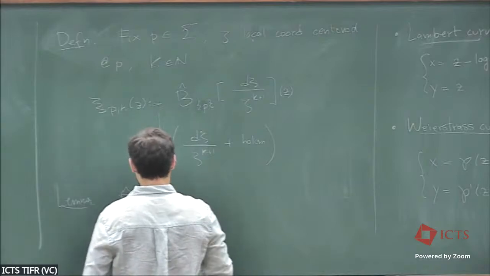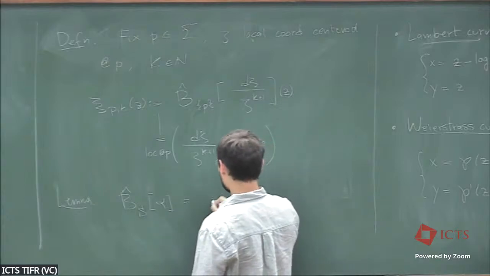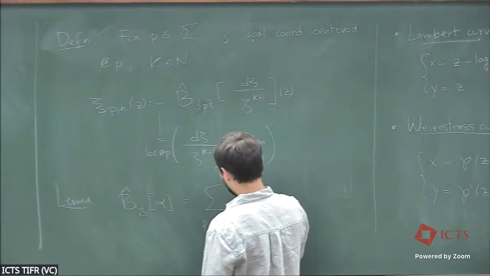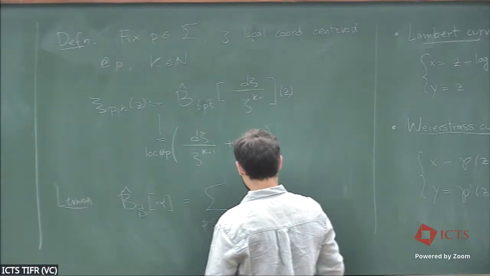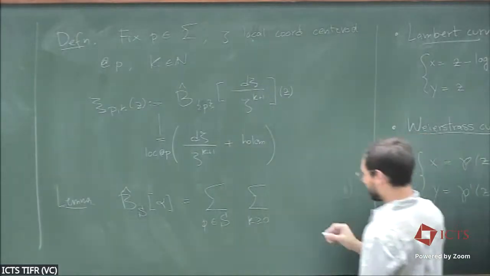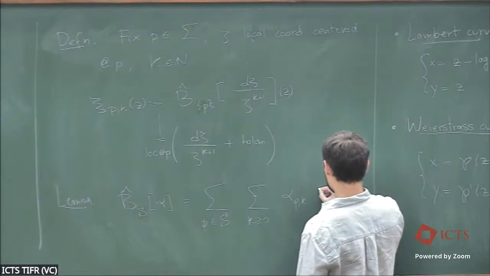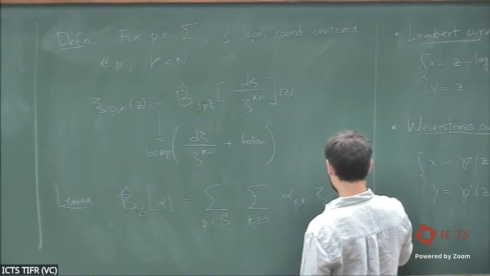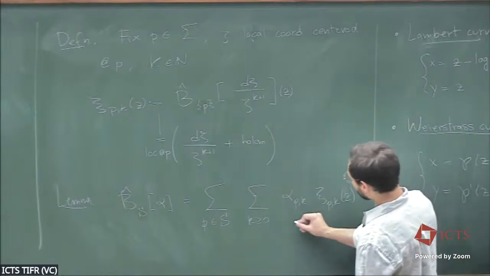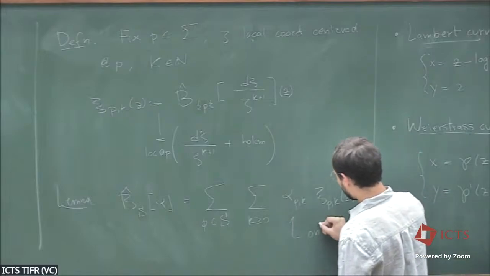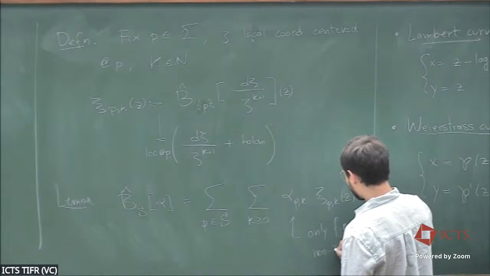I fix S a finite set as before, and what one can show is that this is equal to the sum over P in S and the sum over natural numbers k of some coefficients alpha_{P,k} times psi_{P,k} at z. The important point is that there are only finitely many non-zero coefficients.